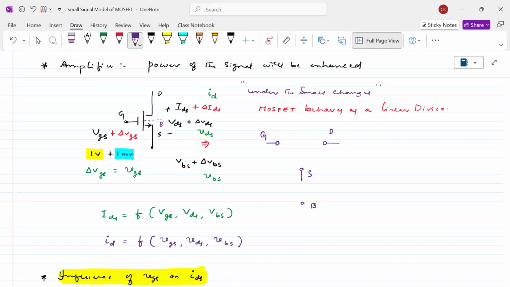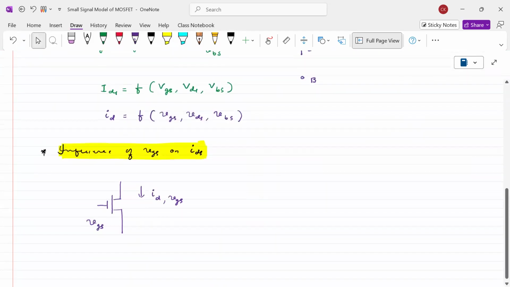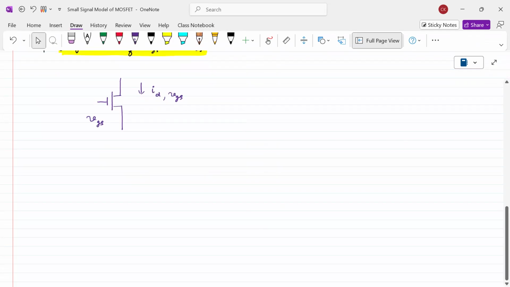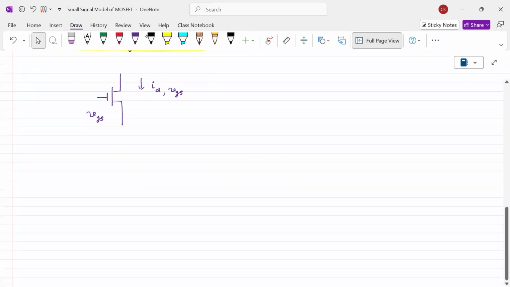But actually, that result is very nominal. When we talk about the amplification point of view, it's a very, very big thing that we will see a little bit later, right? But anyway, by applying a small change in VGS, we are getting some kind of change at the output.